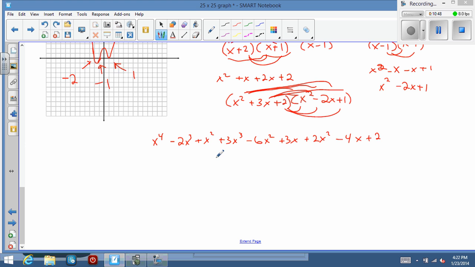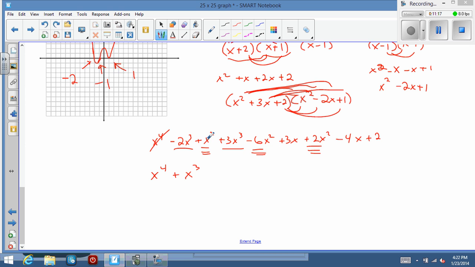Now I just need to combine like terms. So I get x to the fourth. I'm done with that. I look for x cubes. So I have negative 2x cubed, positive 3x cubed. Put those together, I get positive x to the third. Now I have x squareds. I have x squared, negative 6x squared, plus 2x squared.